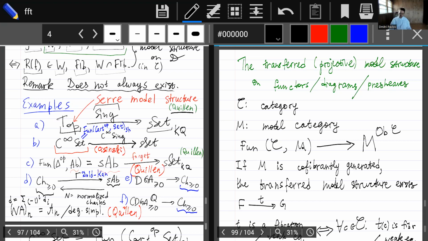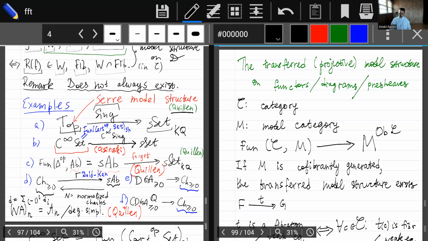And if C is the opposite category of some other category, then what you get is called the category of presheaves on that category. And you want to construct a model structure. There is an obvious forgetful functor from this category to a much easier category, which is given by the product.